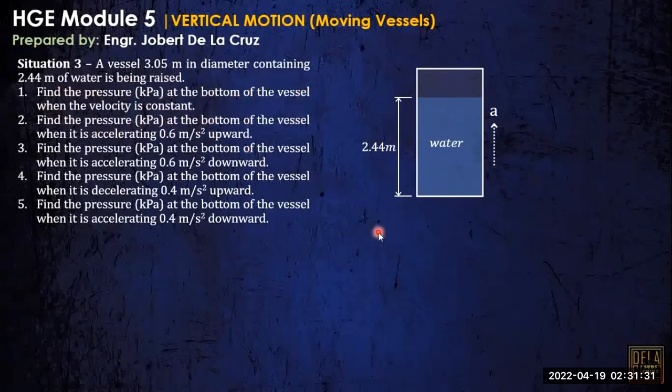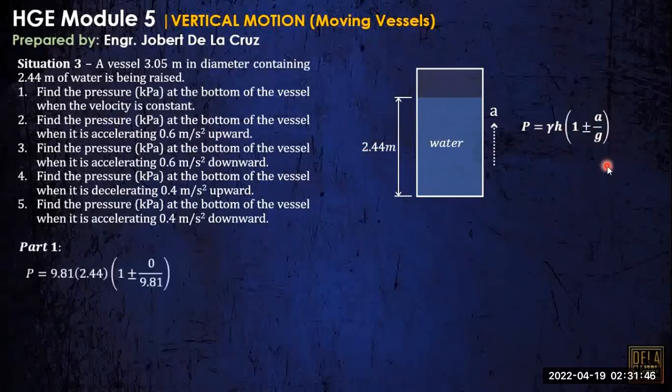Okay, so ano yung formula? Diba ito yon? Pag may acceleration, plus or minus. So, when the velocity is constant, the acceleration is 0. Therefore, our solution here is gamma times h times the constant here or factor natin. Take note that acceleration when the velocity is constant, that should be 0. And that is the answer.